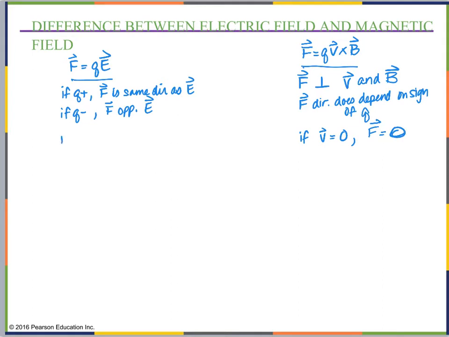Where here, if the charge isn't moving, it still feels a force. So that's something that's a big difference between electric fields and magnetic fields.